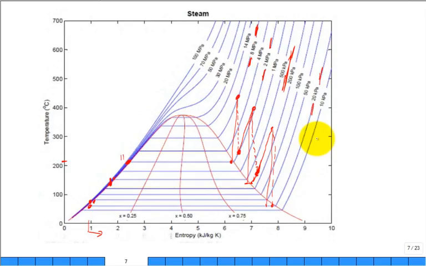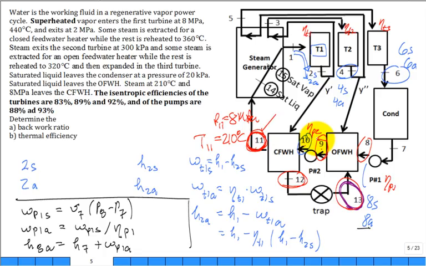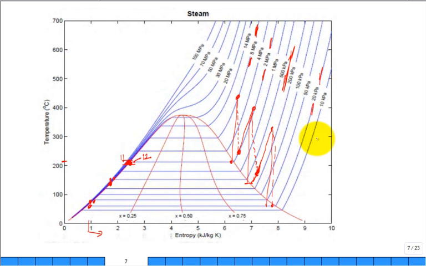Now, where was 12? Saturated liquid at the 2 megapascal, which is right there, slightly lower temperature, right? Isn't it saturated liquid at that 2 megapascal? So right there is 12. Hold it, was that 11 or 12? Oh, I forgot my numbering system. There's 11, saturated liquid coming out at the 2 megapascal. 13 is the next one. Where is 13?